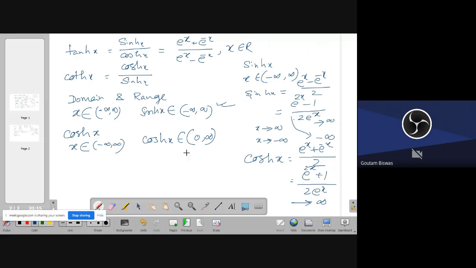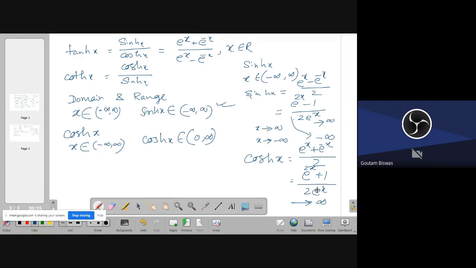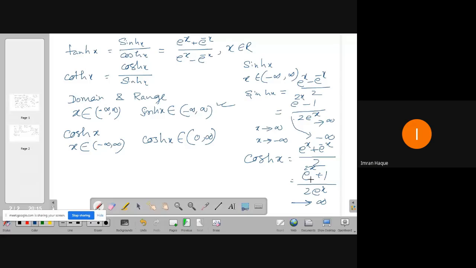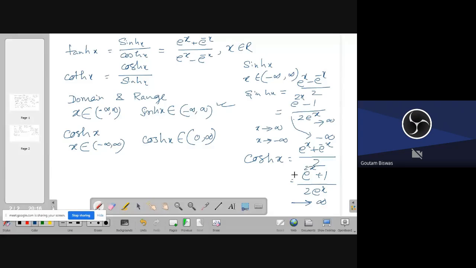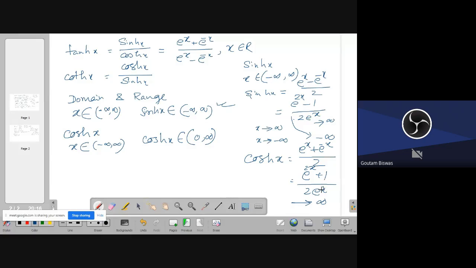If x goes to minus infinity, so 0. And this one also goes to 0. So e to the power 0 is 1. So 1 plus 1, and this goes to 1. So 1 by 1, this goes to 1. Is it not?